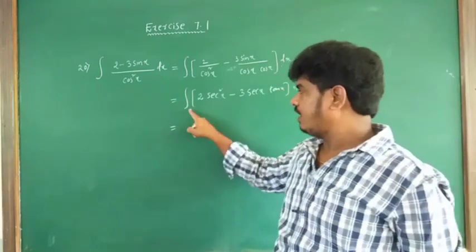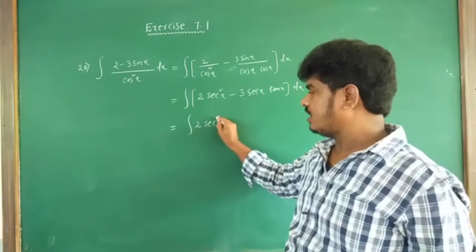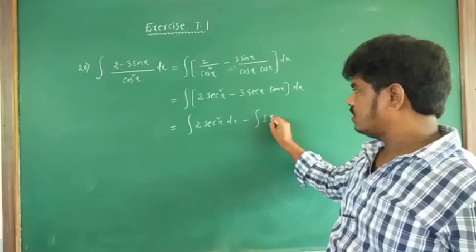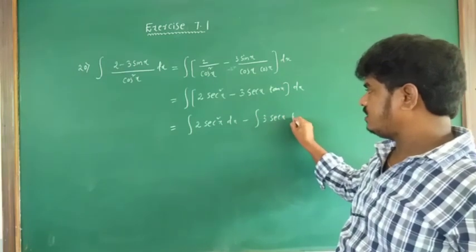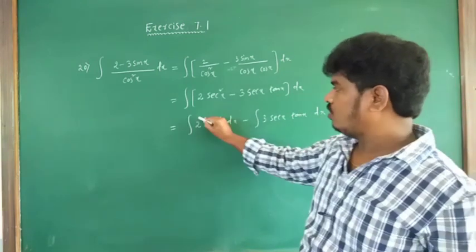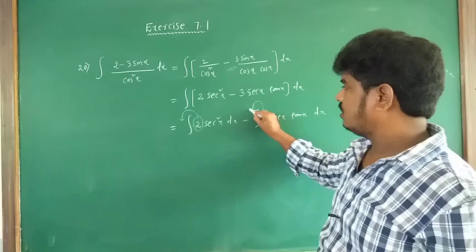This is equal to, take the integral separately. So integral of 2 secant square x dx minus integral of 3 secant x tan x dx. Here 2 is a constant, take it out, 3 is a constant, take it out.